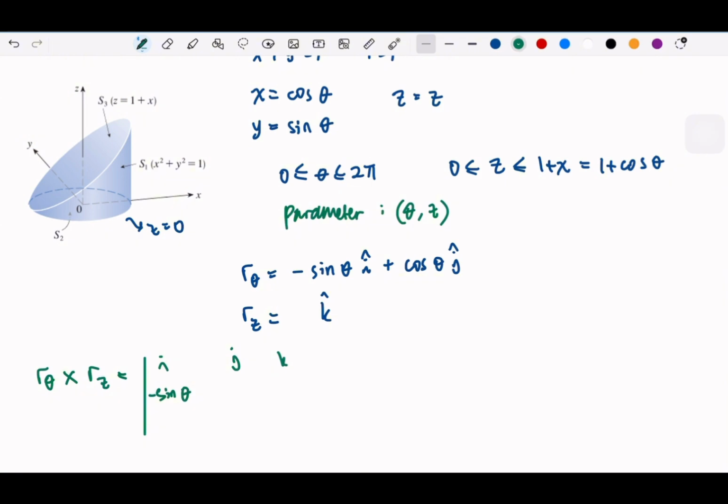And then this will be cosine theta, right? And 0, 0, 0, 1. Remember that these two are the first partial derivatives.